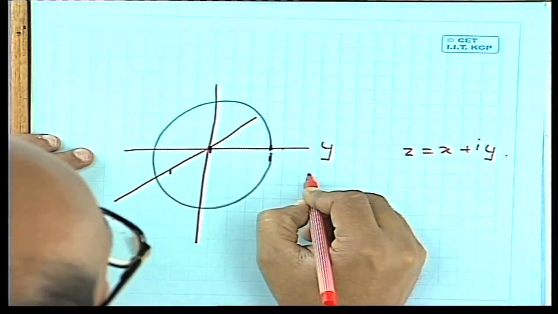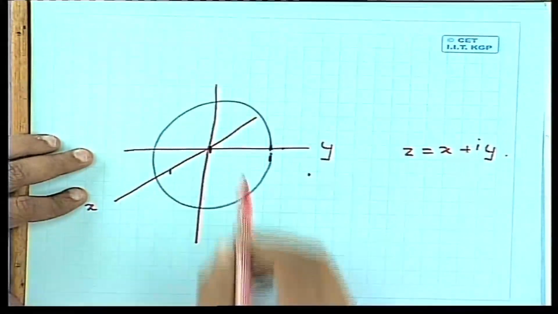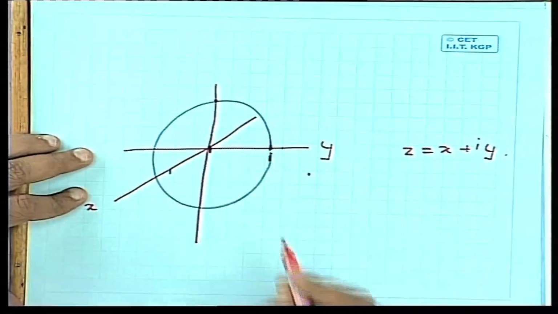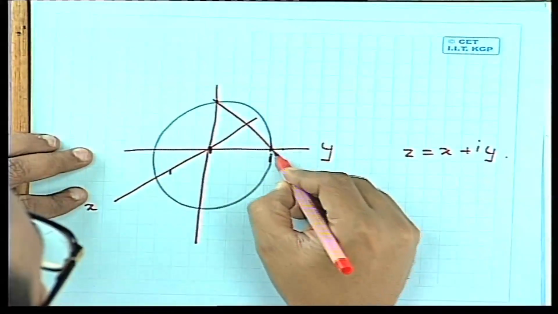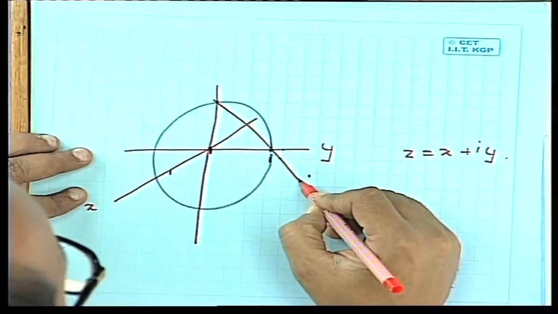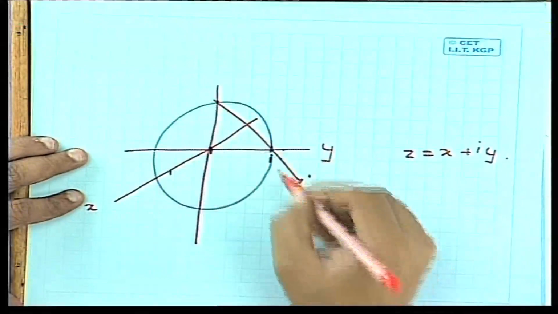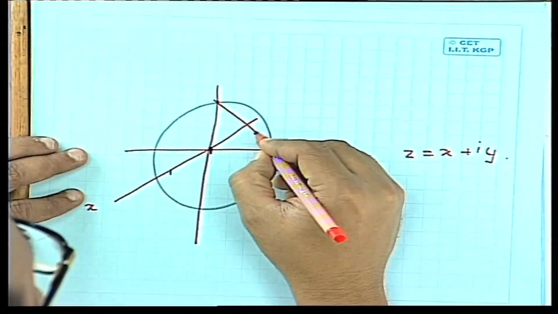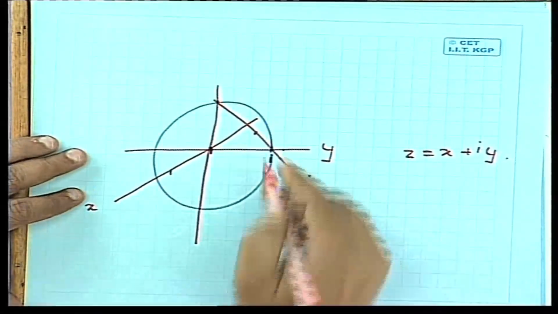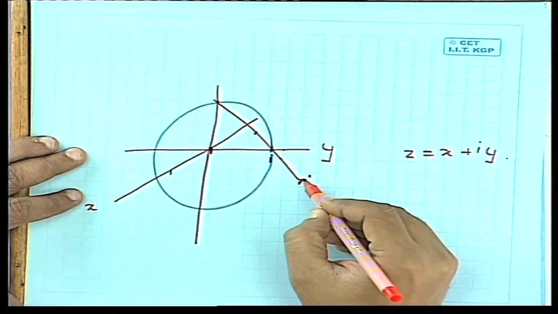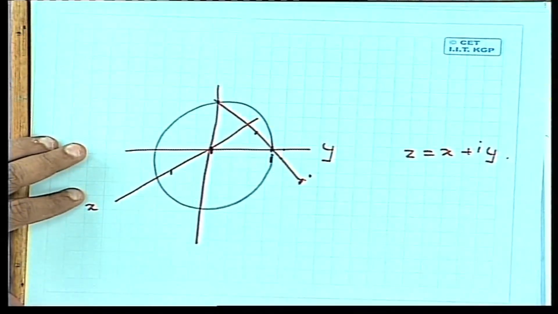If I want to represent this complex number, I draw a line starting from the north pole and coming to this point, let us say this point here on the complex plane. This line will intersect this unit sphere at one point, and that point will represent this particular complex number.